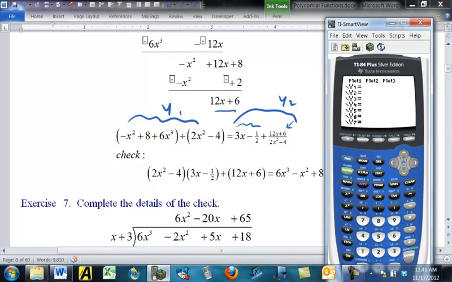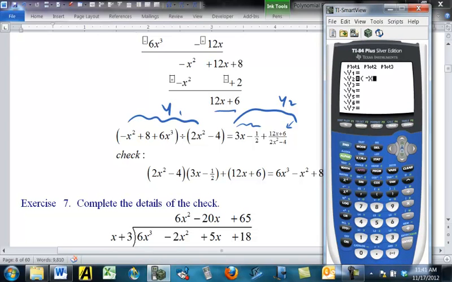Let's see, the original: negative x squared plus 8 plus 6x cubed divided by parentheses 2x squared minus 4, and that should be the same thing as 3x minus 1/2 plus, now be careful here, parentheses around the numerator, 12x plus 6, parentheses divided by parentheses around the denominator, 2x squared minus 4.